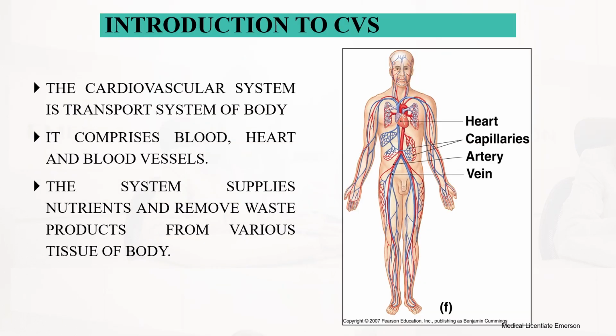Okay? So in our introduction, of course, you know that the cardiovascular system is the transport system of the body, and it comprises of blood, the heart, and the blood vessels. Then the system supplies nutrients and removes waste products from various tissues of the body.